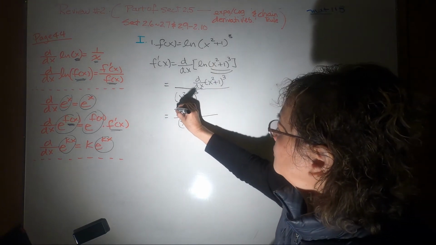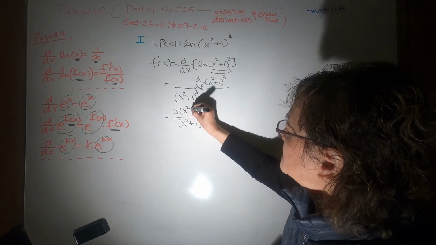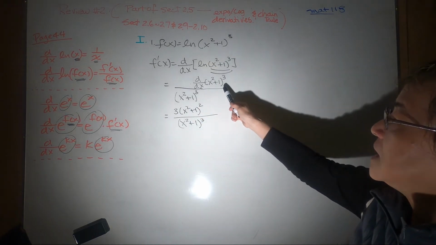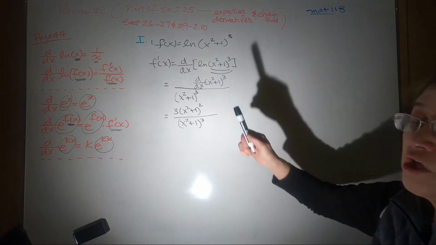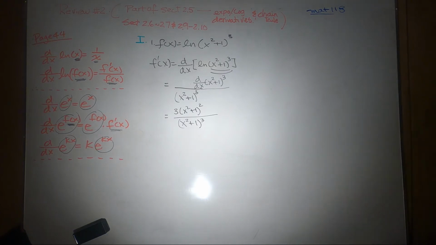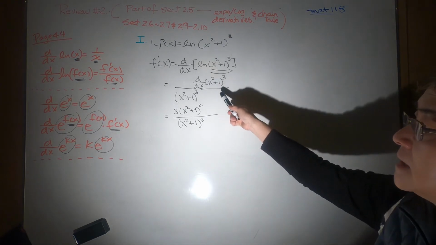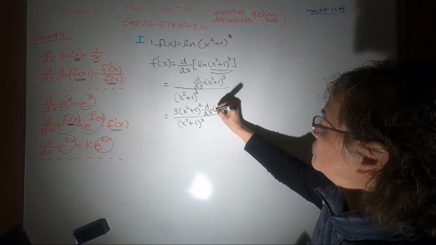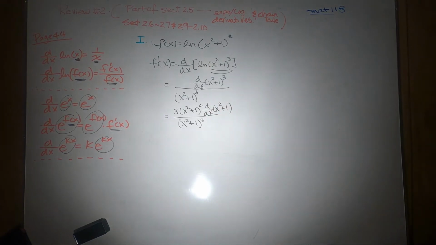You move that exponent to the coefficient place, then you drop 1 level. However, the inside is not only x to the cube, a basic polynomial function. We use the power rule, but inside it's not as simple as that, not only x. So you need to do another chain rule, right?